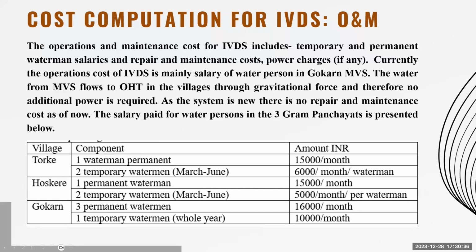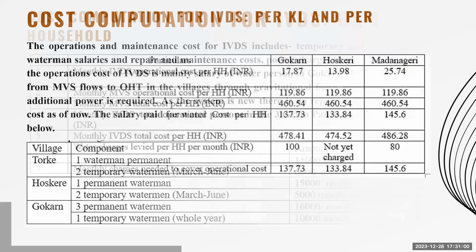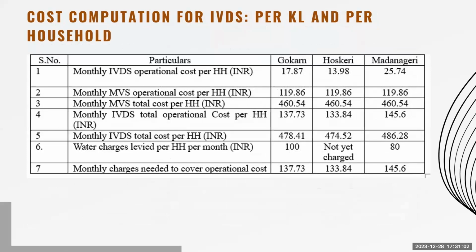There may or may not be the electricity charge, because many times when you have a MUS system, you would like to locate the master balancing tank at a higher elevation, so that gravity flow will be there to all the villages. In very rare cases, there may be a need to pump water also to the village OHT, where there will be additional fixed cost.